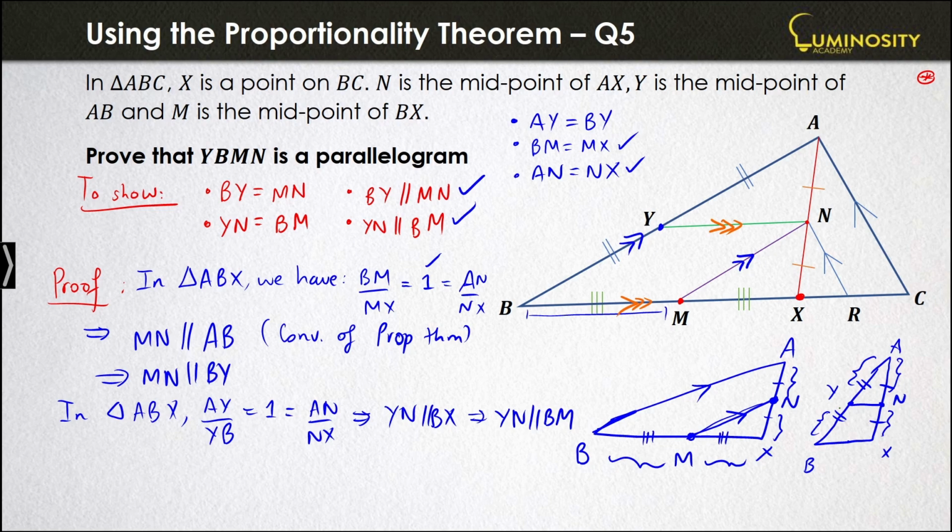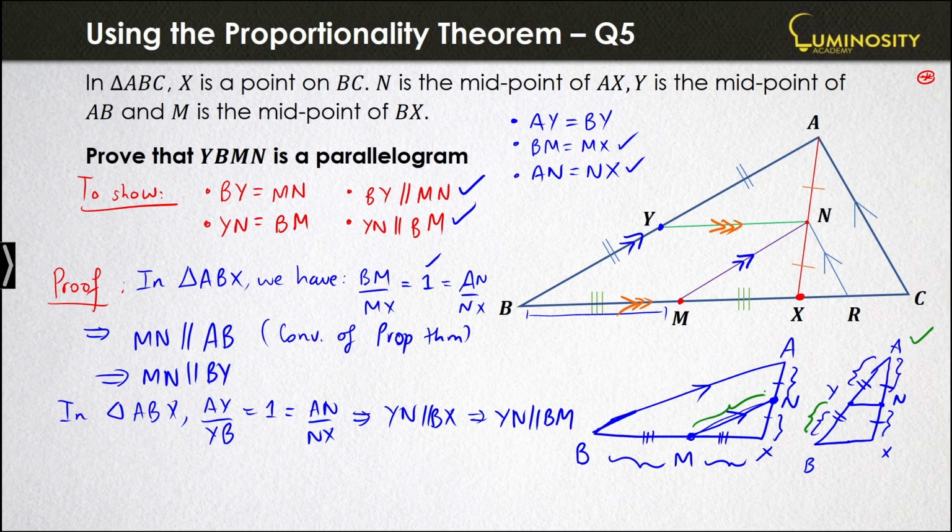In this second triangle, here's BY, and MN is over here. How do we show that these two are equal? We just need to find the right triangle to look in and then use the proportionality of them.